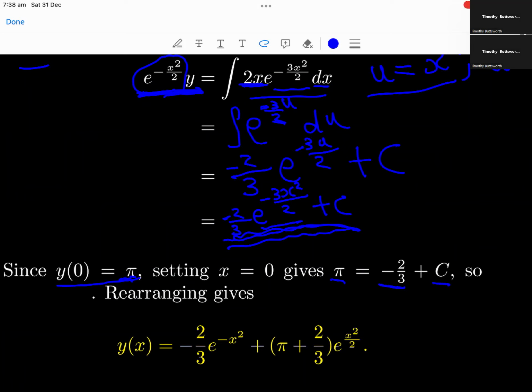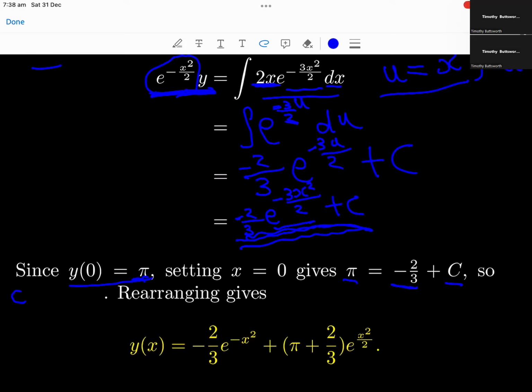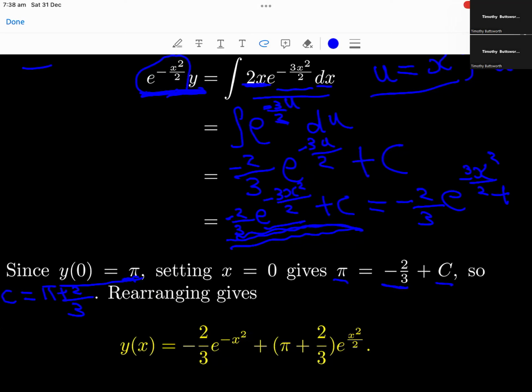But this tells me precisely what this constant c needs to be. This tells me that c must be equal to pi plus 2/3. So now I know what my constant of integration is: pi plus 2/3.